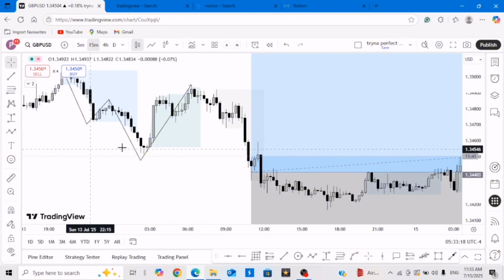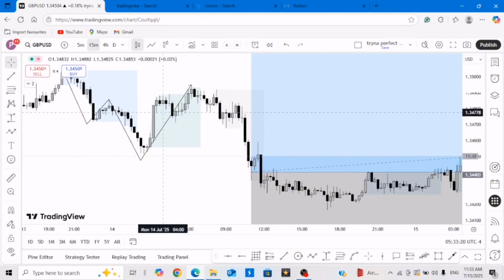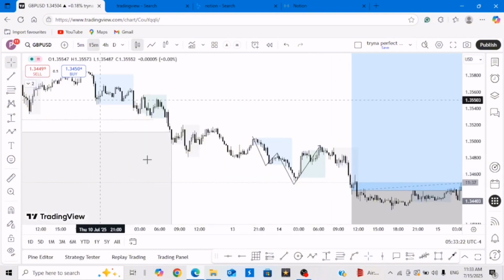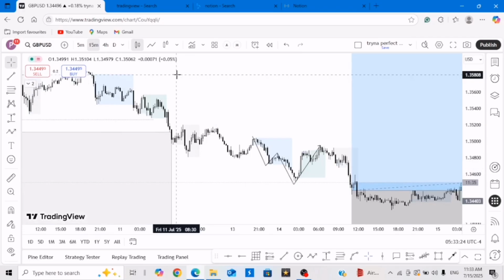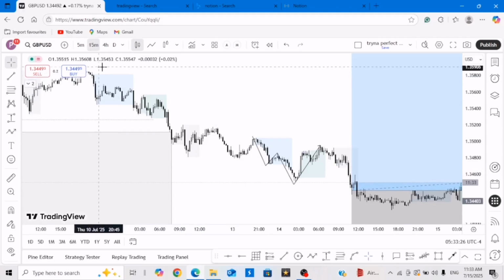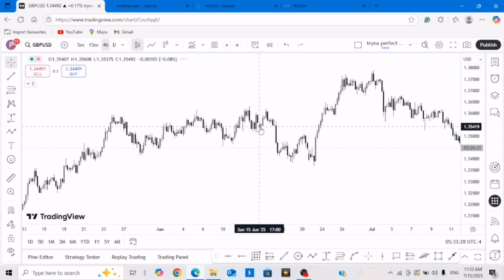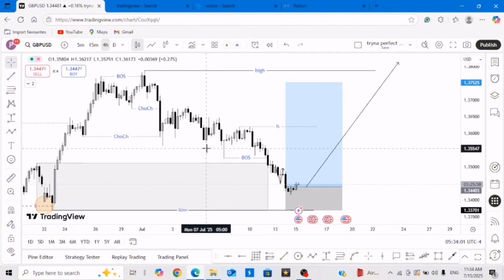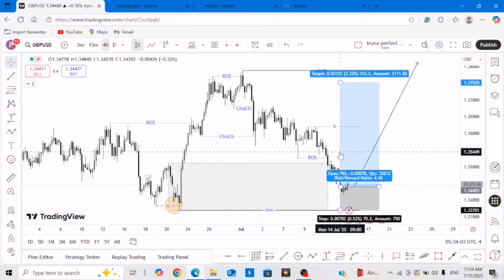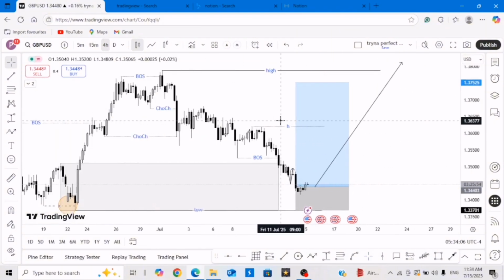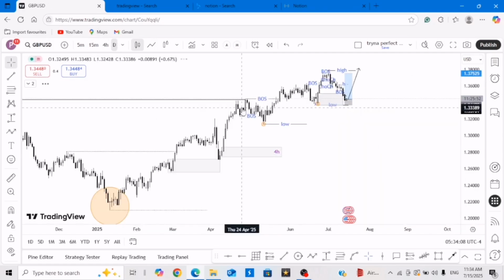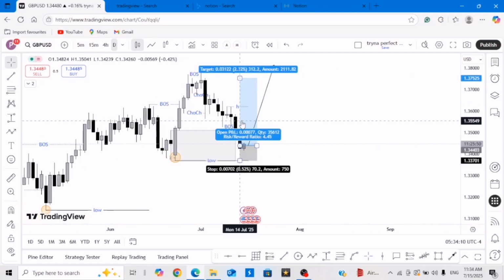So I saw the market break this high, and I wanted an early entry into the buys, because don't forget, overall we are bullish on the daily, guys. Let me go to the daily.